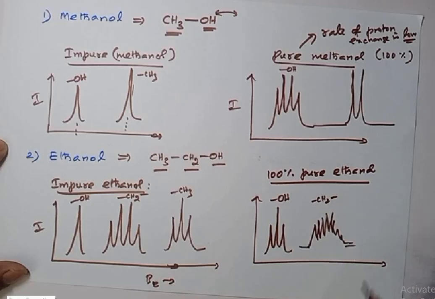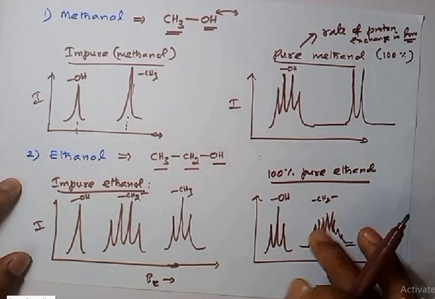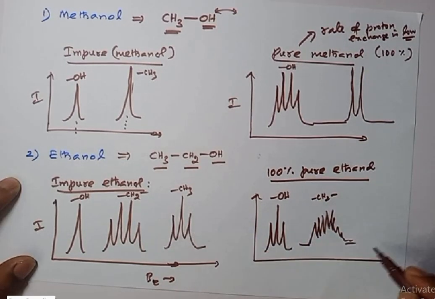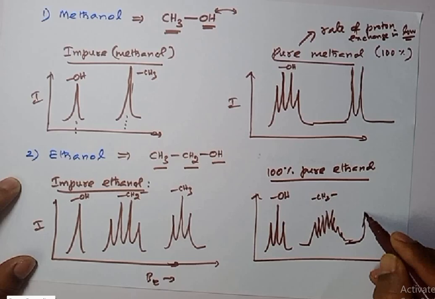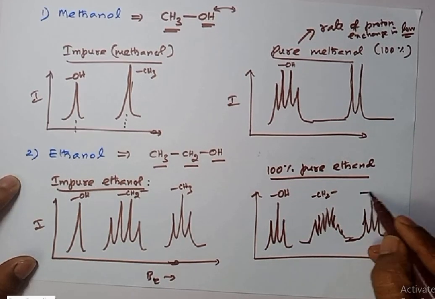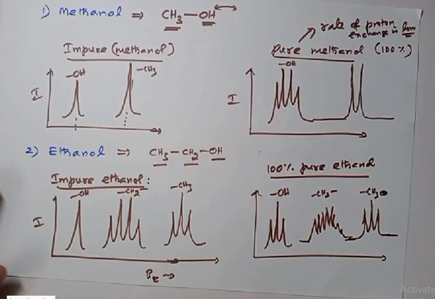I have told you, more than 7 means multiplet. Multiplet means it contains 8 peaks, keep that in mind. Then the methyl signal appears as a triplet, as usual. This is how the spectrum will appear for 100% pure ethanol. Are you able to understand this concept?